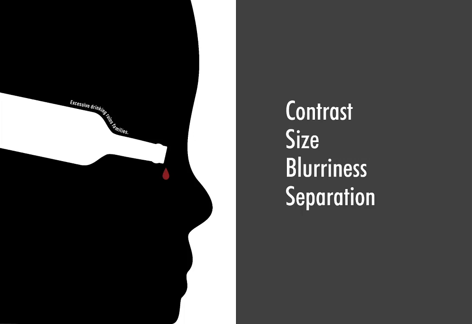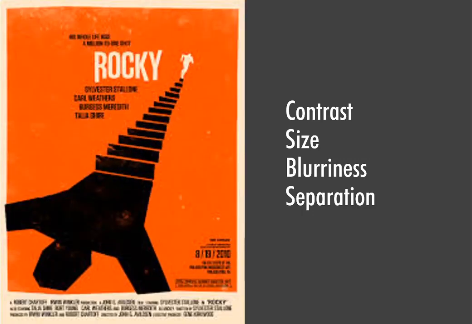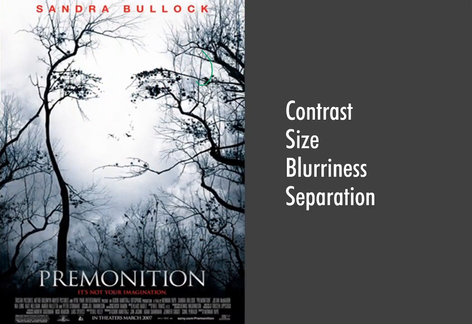Okay. What about size? Images that appear to be larger will be perceived as closer and become the figure, while those that are smaller will seem further away and part of the background. Blurriness method.